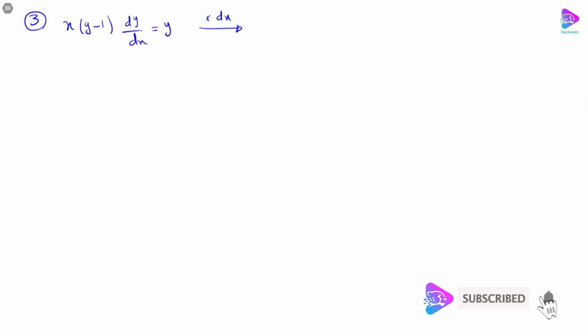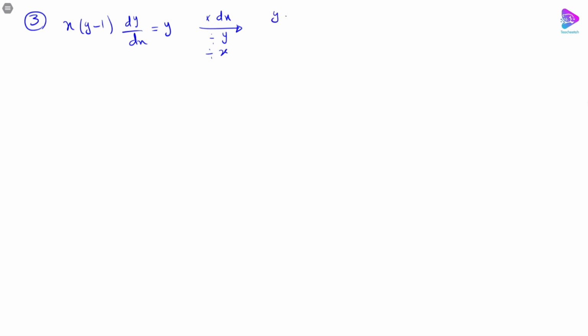So there is another function that I want to solve. So x y minus 1 dy over dx is equal to y. So again, what I'm going to do, I'm going to multiply by dx, right? And then divide by y, and at the same time I'm going to divide by x.